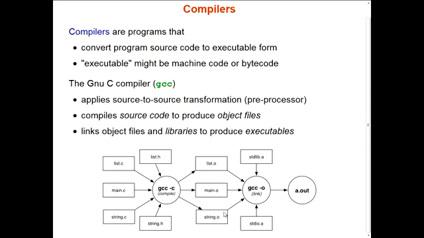There are two different ways in which you can call GCC for these two purposes. GCC with the command line argument -c means to compile, for example, C programs like list, main, and string into object files, which are called list.o, main.o, and string.o. Object files always have the extension .o.